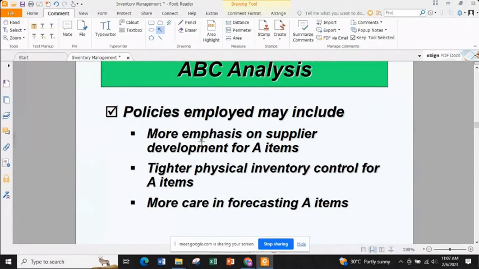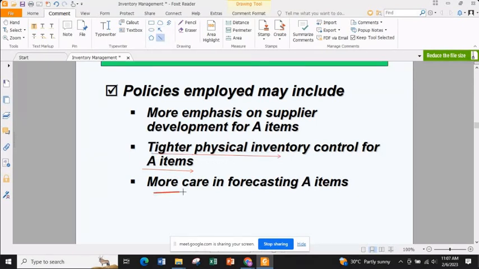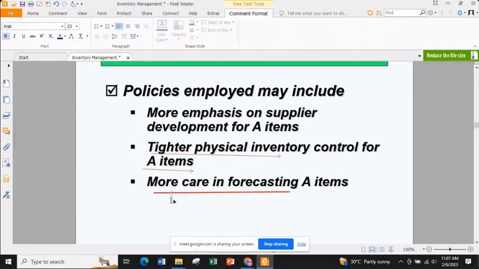Policy employment may include more emphasis on supplier development for A items. Tighter physical inventory control for A items because of the huge cost. So you should have a tighter physical inventory. You need to monitor closely. More care in forecasting A items. Like I say, if you are a car manufacturer, steel is still one of the main items.